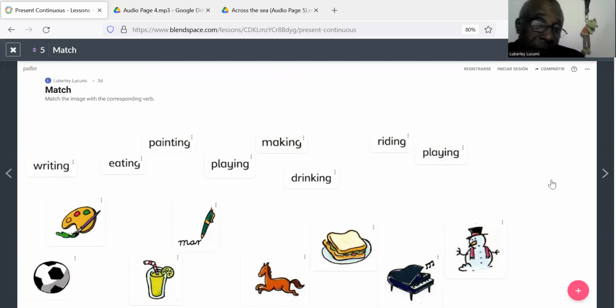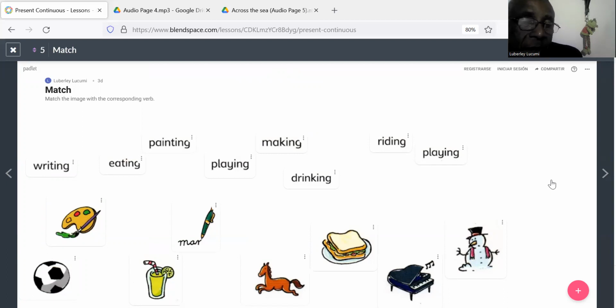And you can find the activity called match, please. When you are ready, please tell me. Okay, you ready? Okay, let's start.